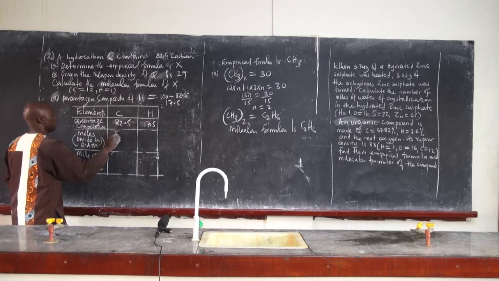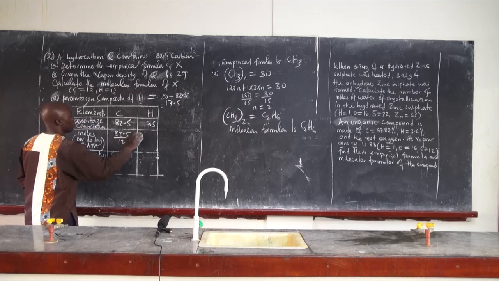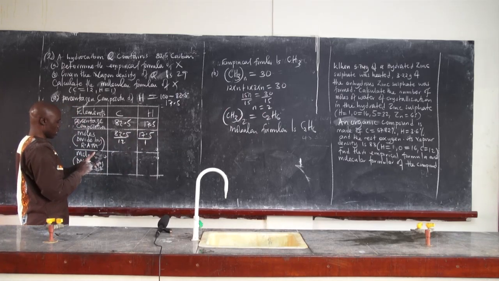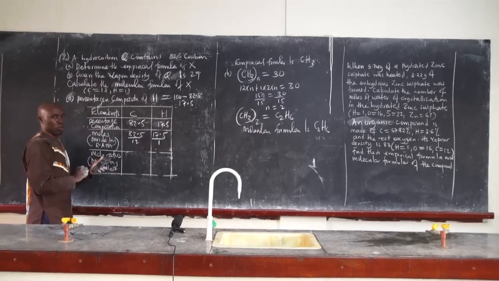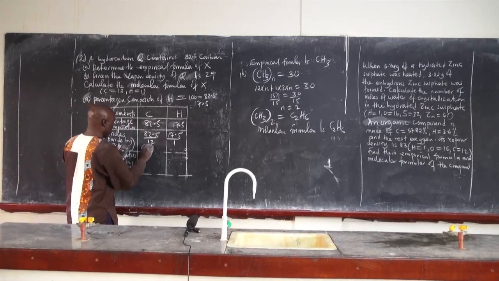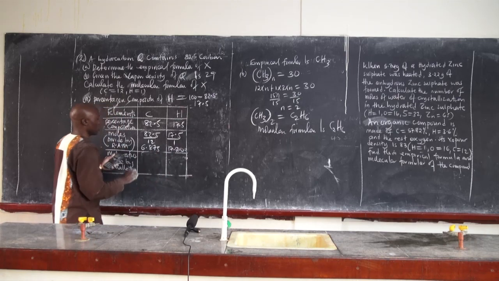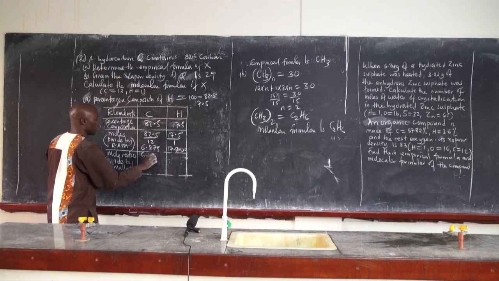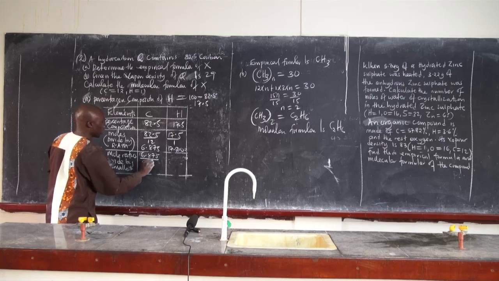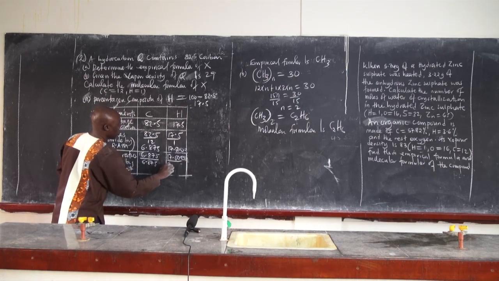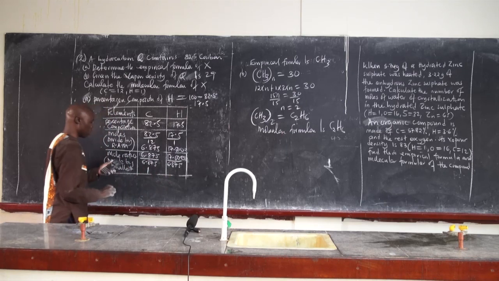So let's divide 82.5 by 12, which gives us 6.875, and 17.5 by 1, which gives us 17.500. Let's further divide by the smallest in this step, 6.875. 6.875 out of 6.875 gives us 1.